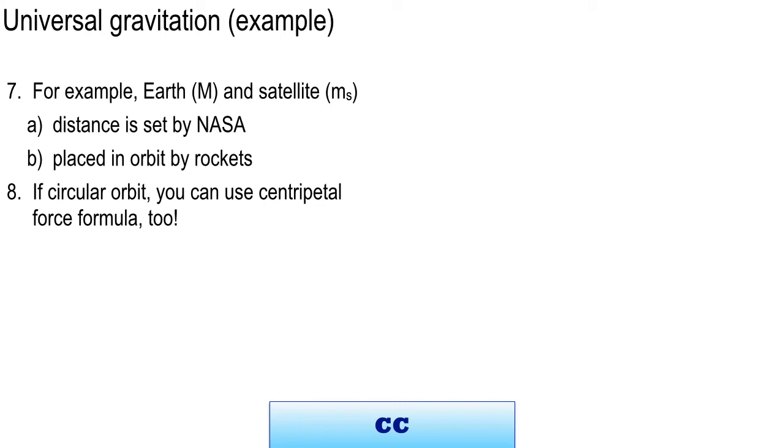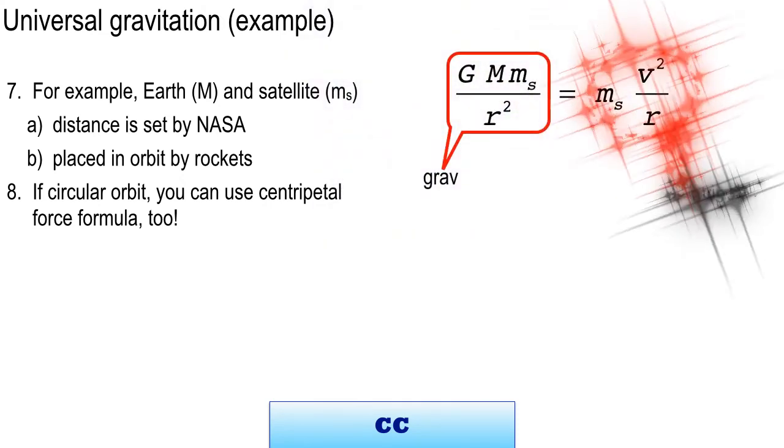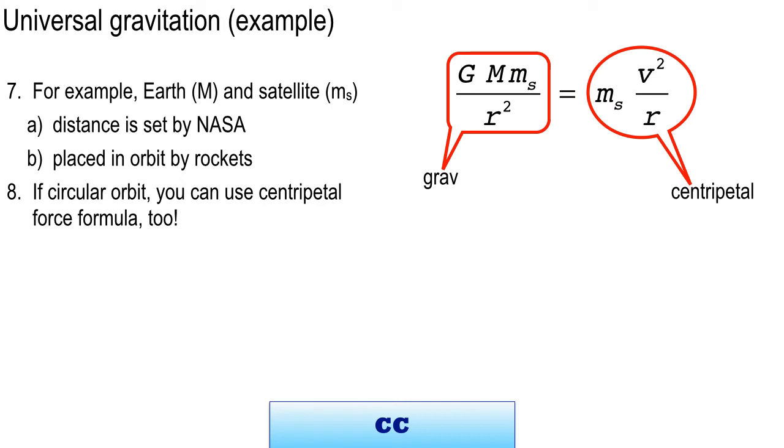Okay. Now, if it's circular, you can use the centripetal force formula very nicely. Here they are. On the left is the gravitational force formula, and on the right is the centripetal force formula.